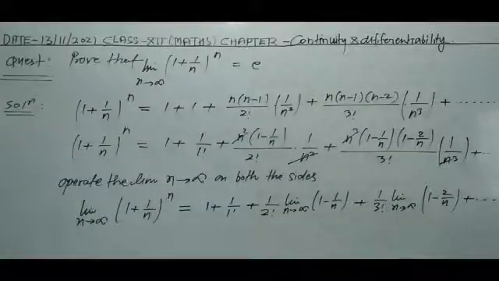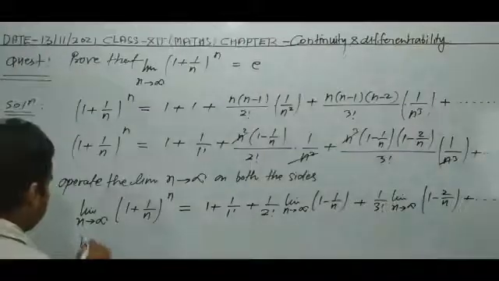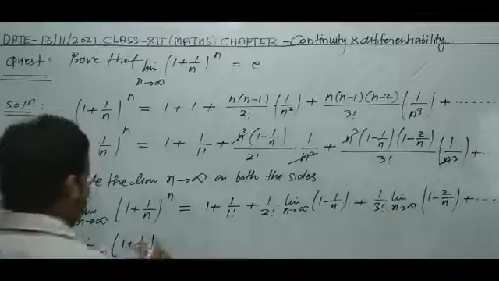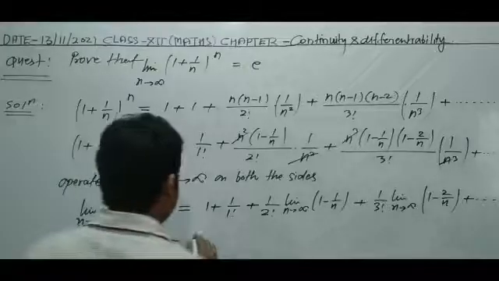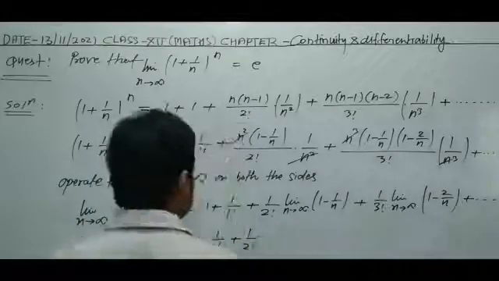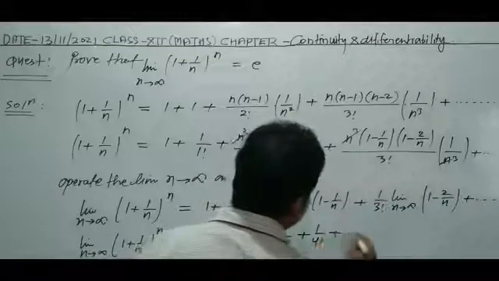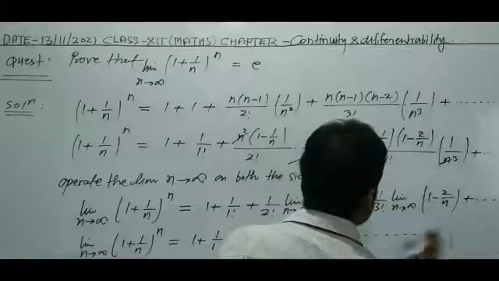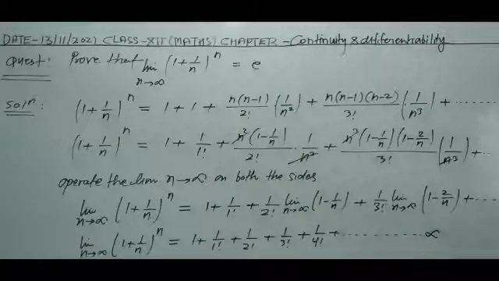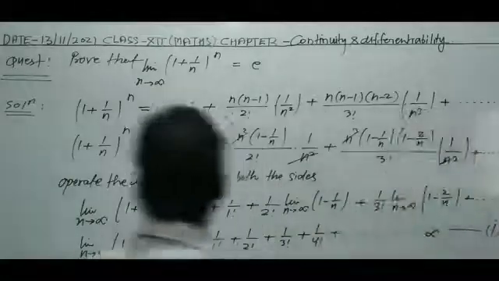So now this is our result: limit n tends to infinity of (1 plus 1 by n) to the power n is equal to 1 plus 1 upon factorial 1 plus 1 upon factorial 2 plus 1 upon factorial 3 and similarly 1 upon factorial 4 up to infinity. So consider this is equation 1.